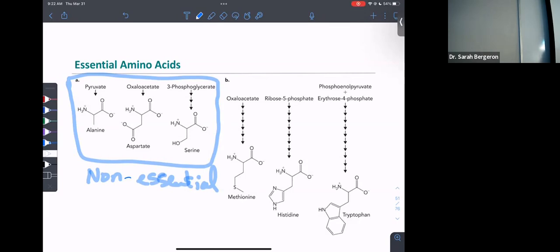Whereas look what we're doing here to histidine, to tryptophan. There's way more complexity. So they're very different structurally compared to their intermediates. So it's going to require a lot of energy, a lot more substrates in order to make these amino acids.